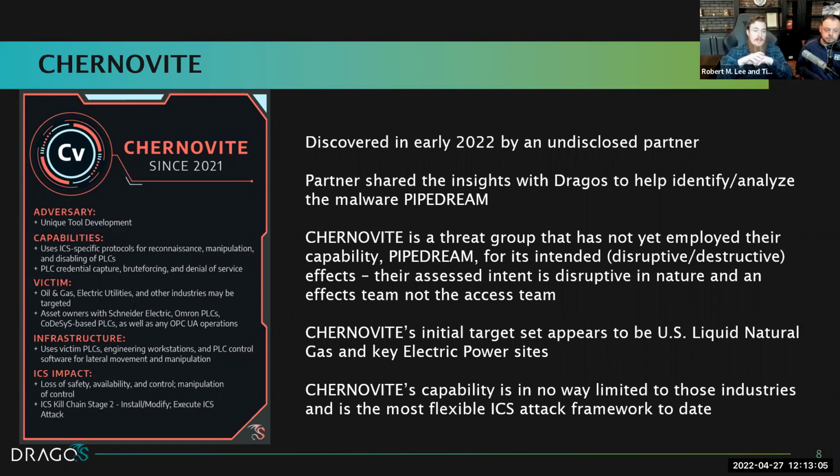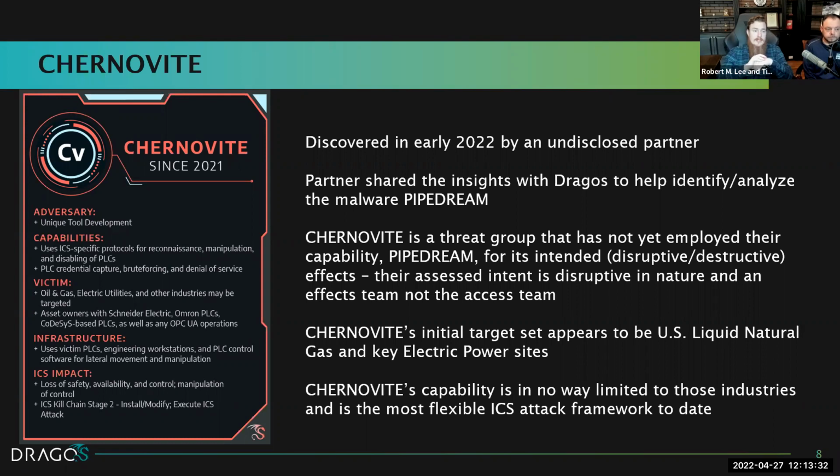The reason for that is PIPEDREAM was developed with the intention of being deployed against US infrastructure sites. Our assessment is they were going to deploy it, and we're not at war with anybody. You can talk about how different countries view us and our supporting Ukraine and all sorts of other things, but we're not in a shooting war with anybody. And they were going to try to take down US infrastructure sites, and that is crazy to think about.